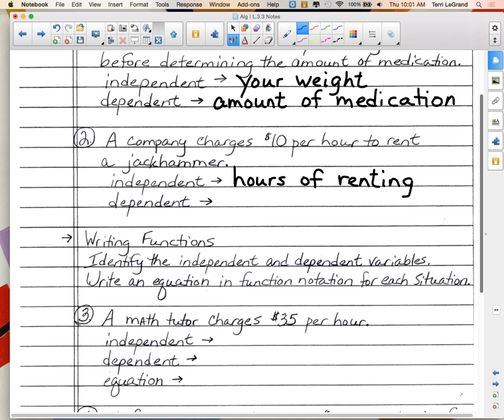Okay, what don't you get to control? Other than, you get to control the hours, but Chase? How much you're going to pay? Yeah, how much you're going to have to pay? Well, we have to be more specific than that because we already know something about paying $10. So the total charge, wouldn't it be? Yeah, the total charge, how much you're going to have to pay. So total charge, we could call it.